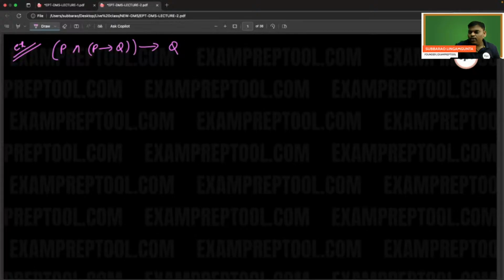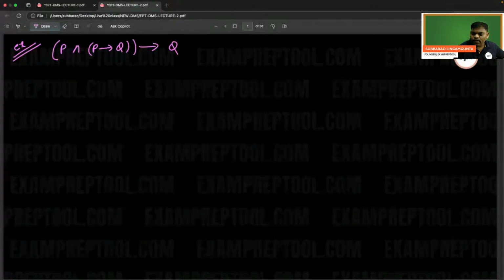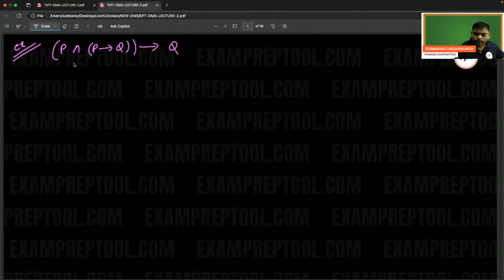Everyone knows, if you assume the left is true, prove the right is also true. Everyone knows it may be valid. Let's check. Everyone remember, the operation is AND. If you assume left true, the right should also be true.